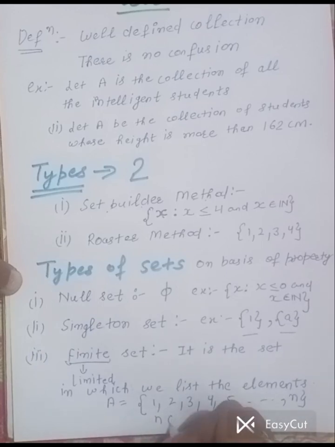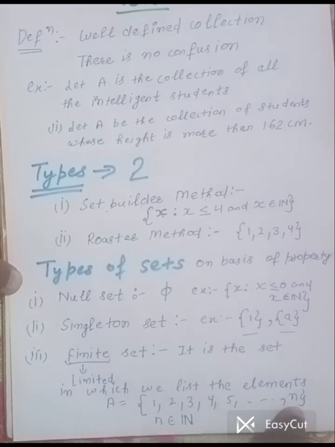Here n belongs to natural numbers. So what is the main property? Here there is an n which belongs to natural numbers. So for every finite set we can easily find an n, and we can list the finite set.